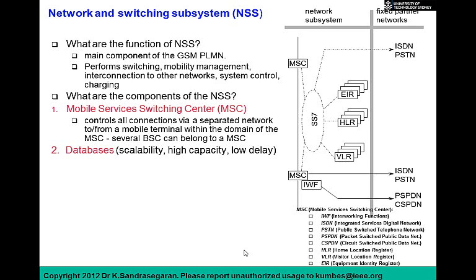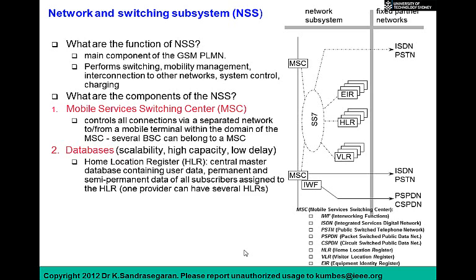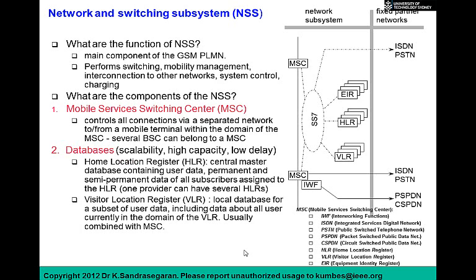And you have a series of databases in the network. HLR is the main database, which contains information about all the subscribers. So it's a central master database containing user data, and information in the HLR is downloaded to a VLR.